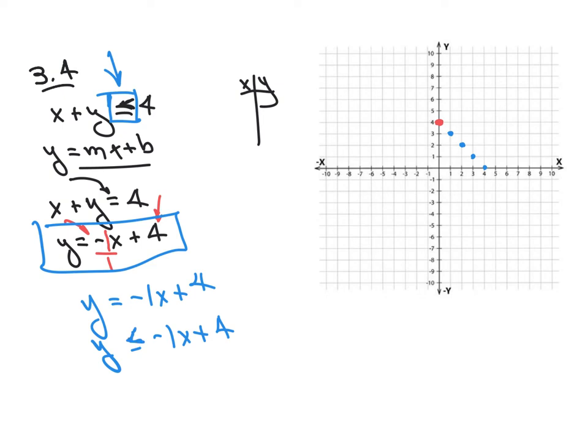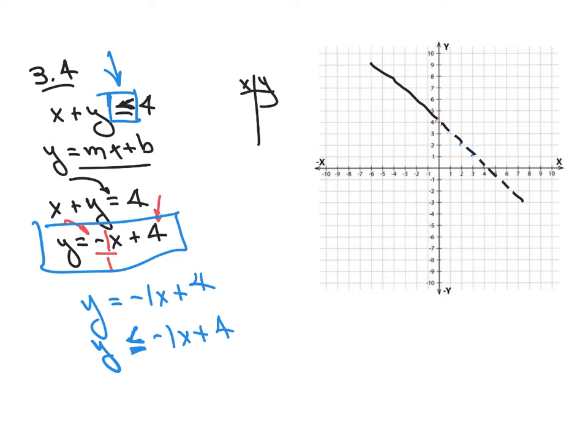This symbol here with the equal sign there means that when I draw my graph, I'm going to draw a straight line. If this equal sign here wasn't there, I would draw it a little bit different, and that would be a dotted line.